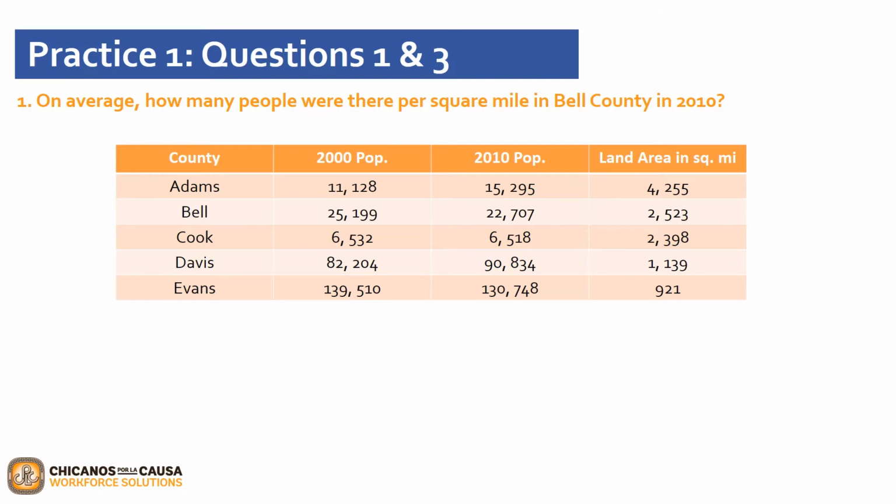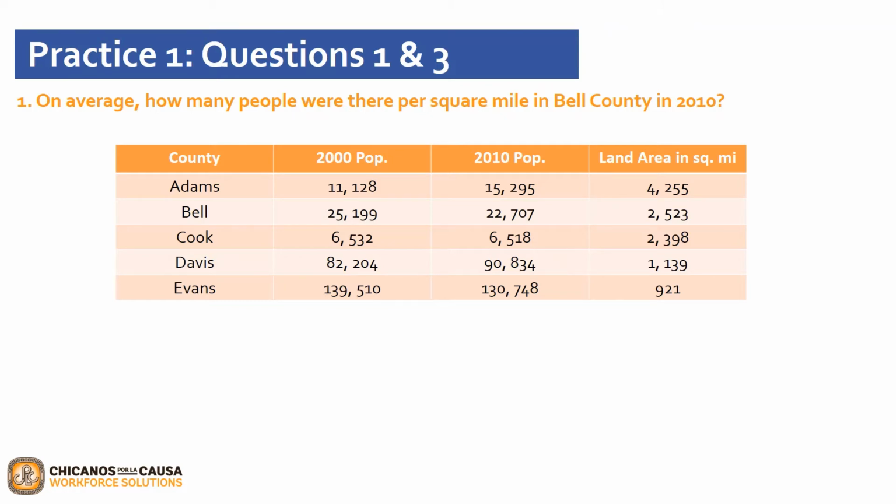So if we go across our labels, if we start at the very left and look for Bell County, and then move towards the right to the population of 2010, we can see that the population at that time was 22,707. If we keep moving further to the right, we can see that the land area in square miles for Bell County was 2,523.